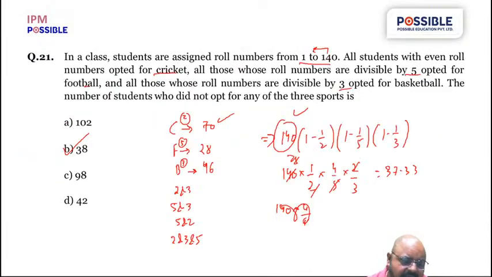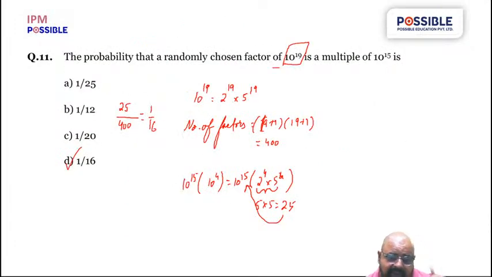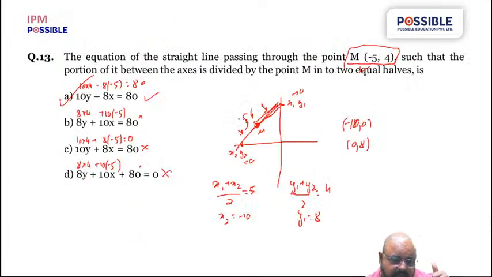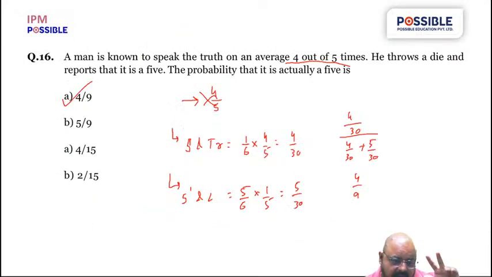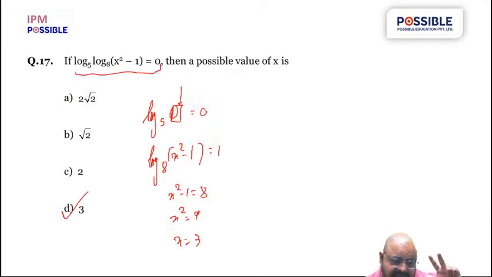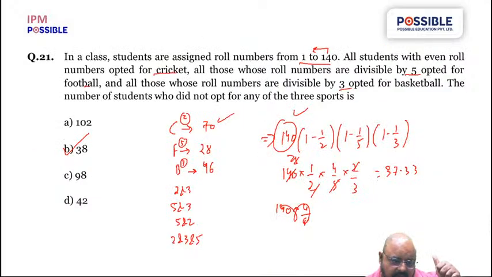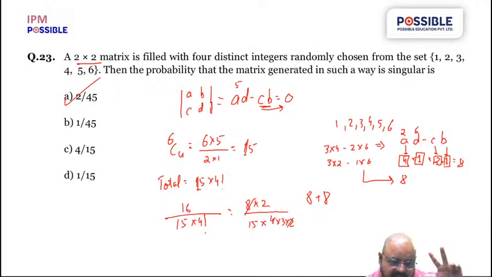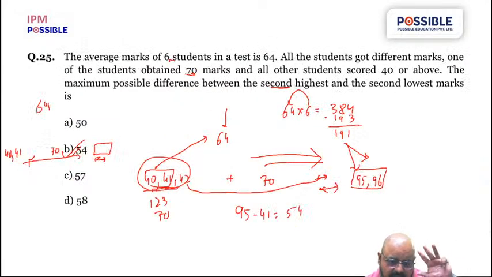If I look at my attempt so far, the number of questions that I've attempted are 11, 12 I'm not counting, 13, 14 I was not able to, 15, 16 I'm not counting, 17, 18, 19, 20 I'm not counting, 21, 22 definitely, 23 not counting, 24 definitely, 25.